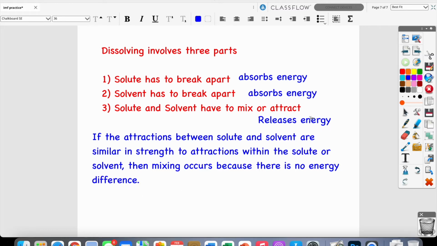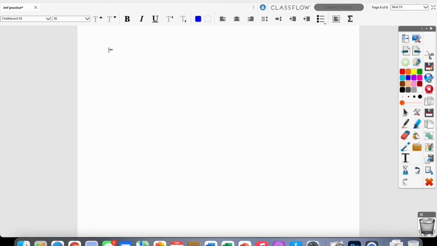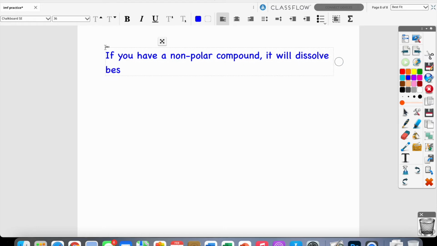But what that means is, one way of looking at this, if you have a nonpolar compound, it will dissolve best in oils or petroleum solvents, like kerosene, benzene, or turpentine.